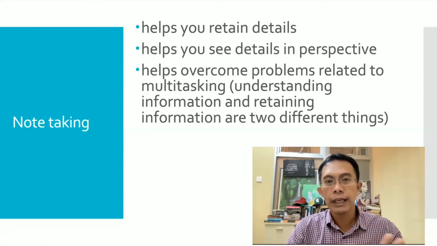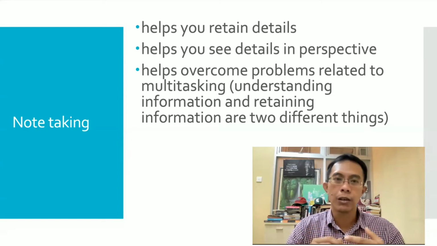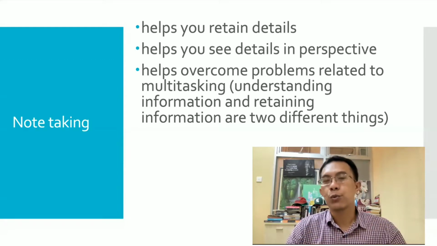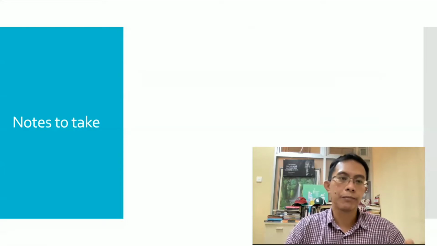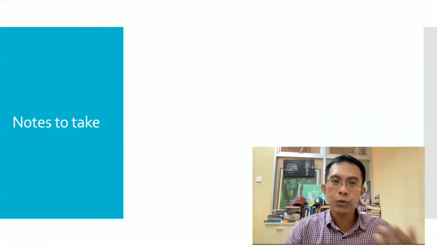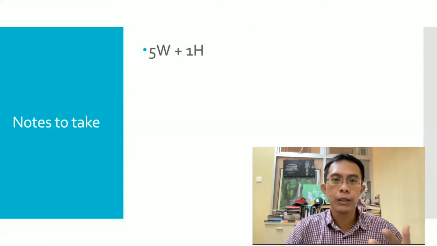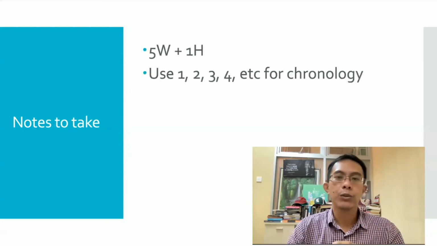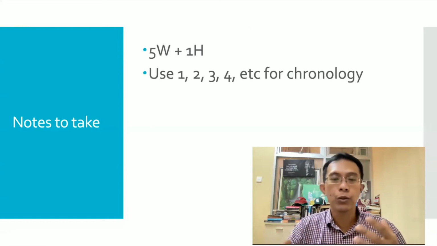Okay, now let us go to more details on what we can do while we do note taking. As I mentioned to you last week, in general, when we do note taking, we try to find the 5 W's and 1 H. And for chronology, we can use 1, 2, 3, 4, and so on to show the chronology of the events.